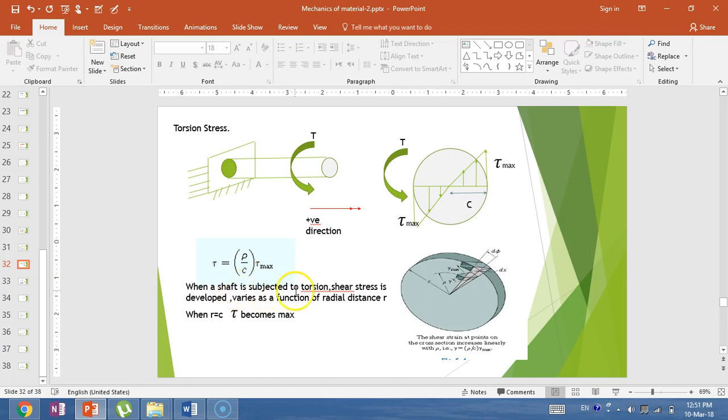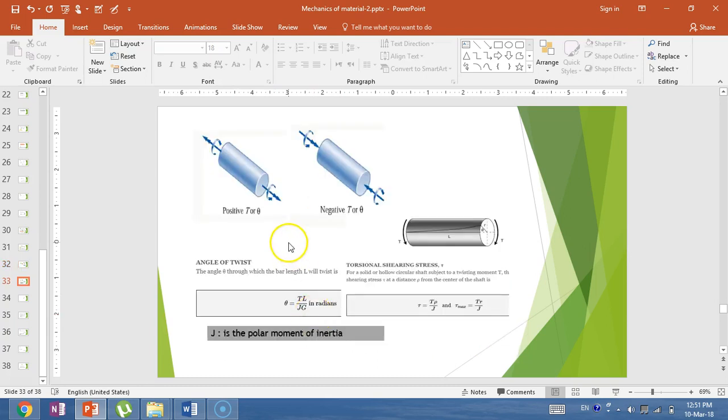When the shaft is subjected to torsion, shear stress is developed and varies as a function of radial distance r. When r is equal to C, tau becomes tau max. Here there is a discussion, what about the positive and the negative direction of the torsion?